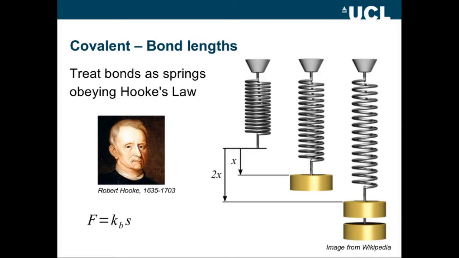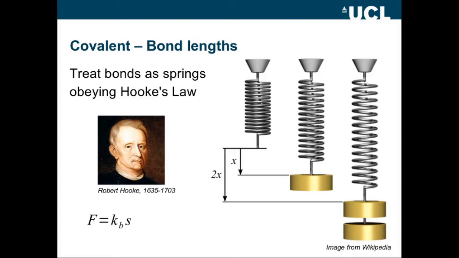So the bond length is basically simulated by thinking of a normal spring. So Hooke's law describes the action of a force on a spring either stretching or compressing it.